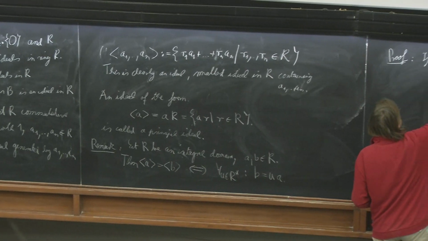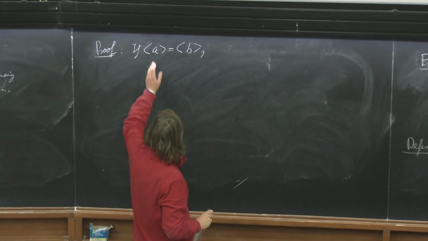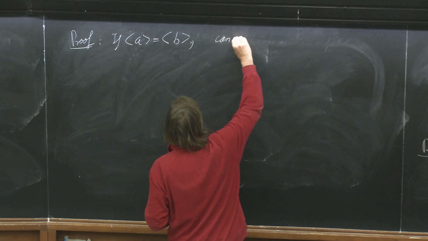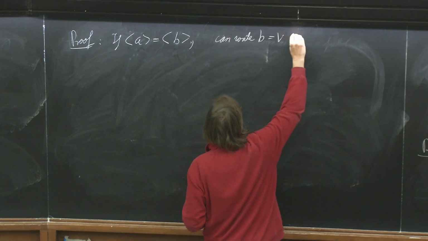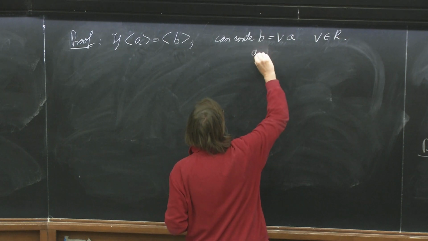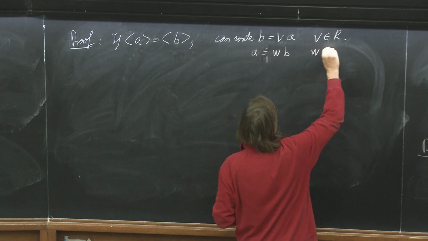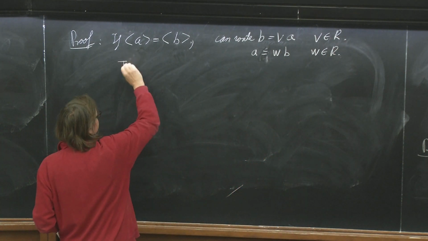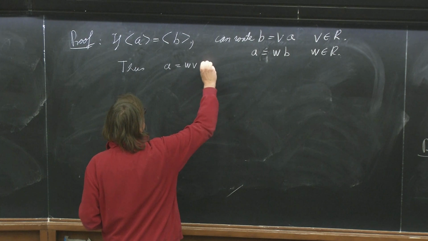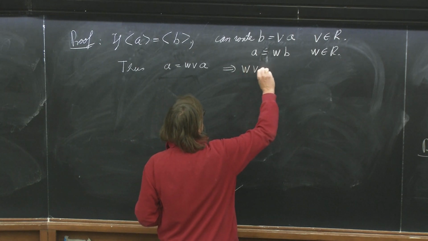So if the ideal generated by A is equal to the ideal generated by B, then looking at it from here, B is an element in the ideal generated by A, so it's a multiple of A. So B is equal to V times A, with V in R, and in the same way, A is an element in the ideal generated by B, so A is equal to W times B for some W in R. Thus, for instance, A is equal to W times V times A. As we are in an integral domain, it follows that W times V is equal to 1.